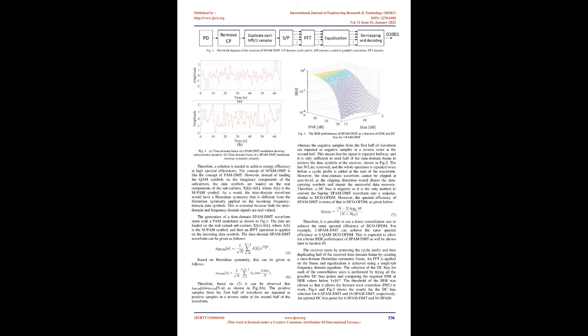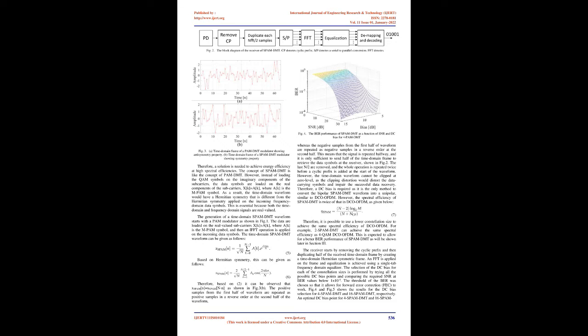The time domain PAM-DMT waveform can be given as follows. (2) Based on Hermitian symmetry, this can be given as follows. (3) The anti-symmetry of PAM-DMT can be shown in (1) as follows: x_PAM[N] equals −x_PAM[N−n], as shown in Fig. 3a.